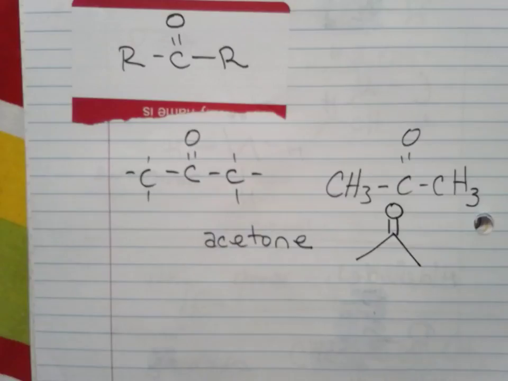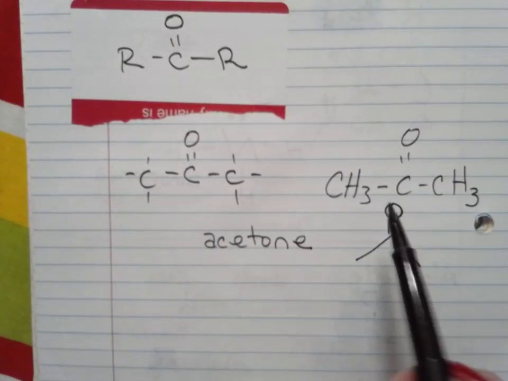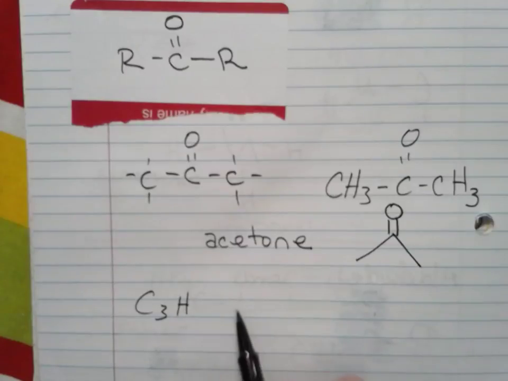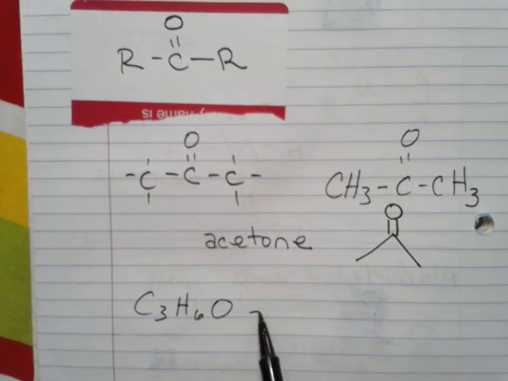Double bond, yeah. Okay, so that's acetone. The molecular formula for acetone is C3H6O, and that would also end up being the empirical formula, right?